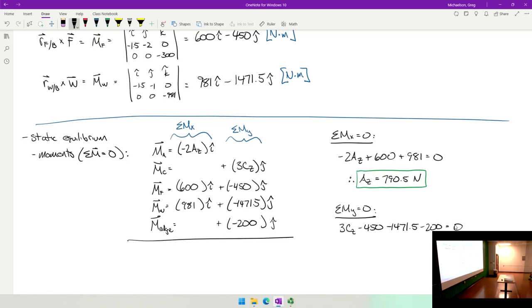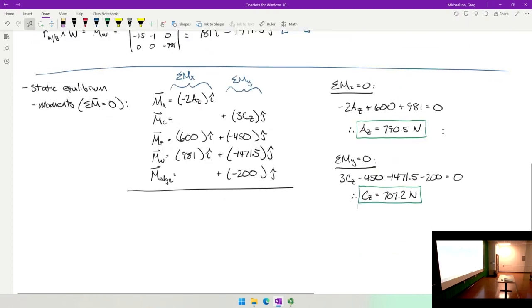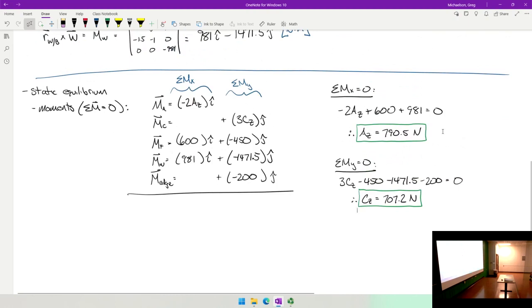So 3Cz minus 450 minus 1471.5. Let me put a decimal there, make sure that's really clear. Minus 200 equals 0. Solve for Cz. I get Cz is that. And those are the unknowns that I get from summing moments.